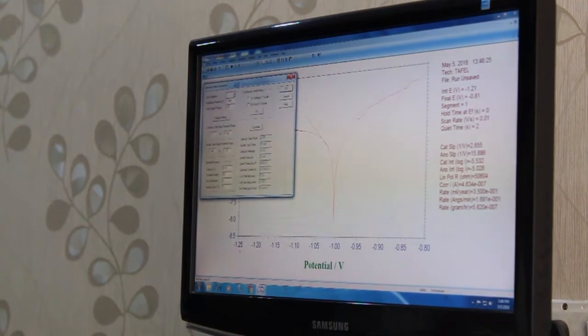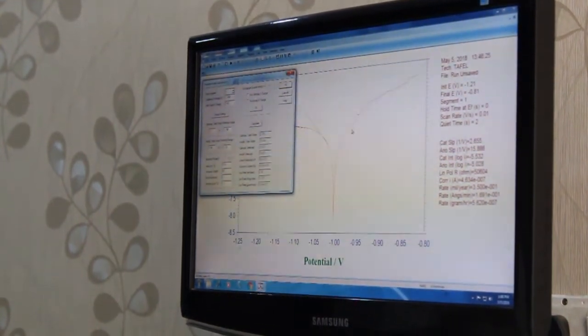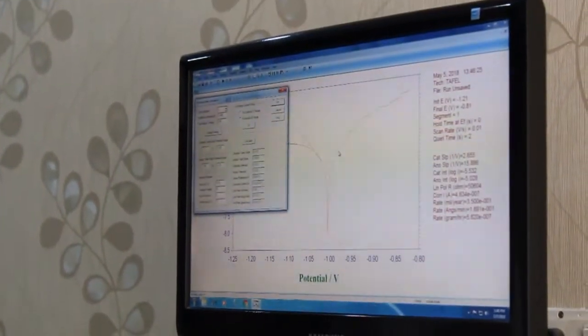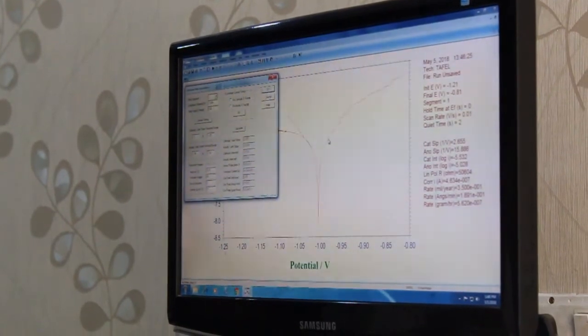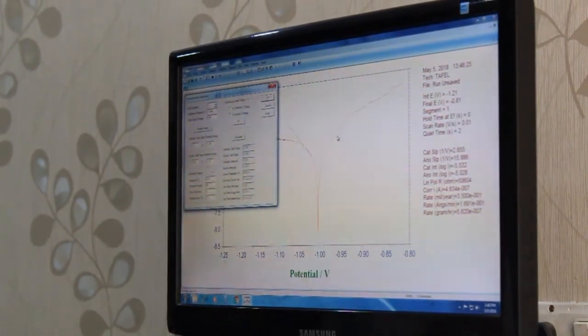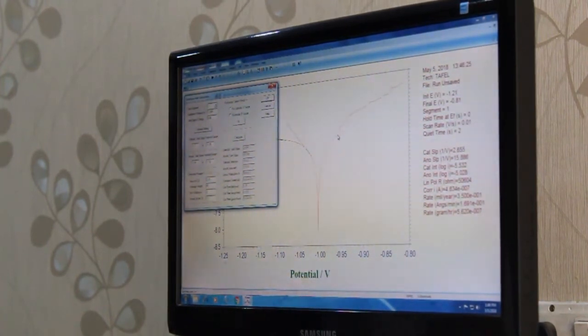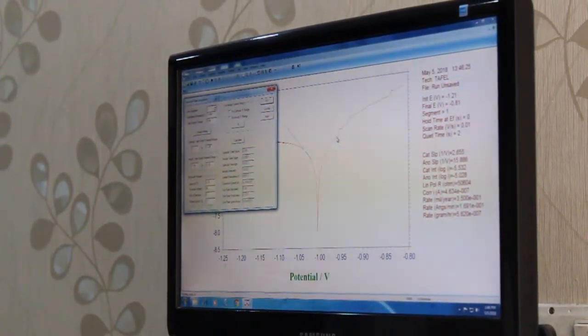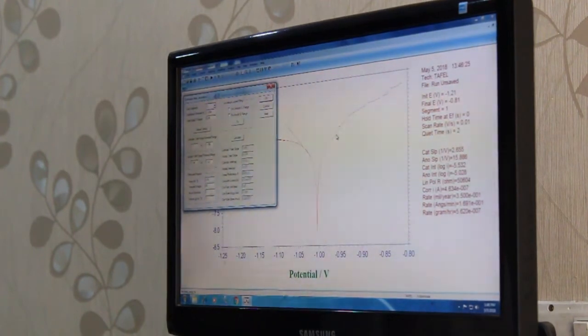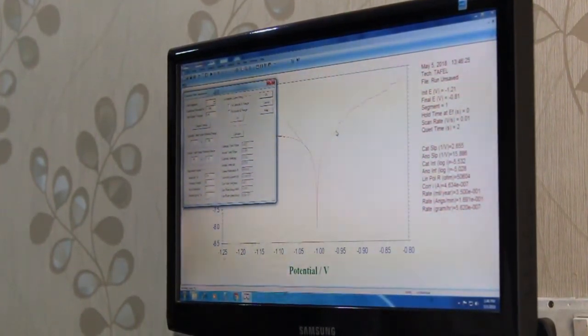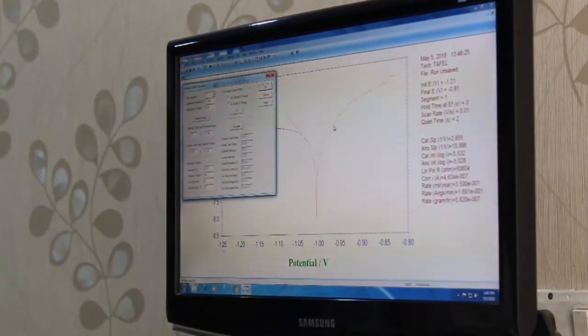And this one, can I take between minus 0.94 and minus 0.95, and minus 0.97.